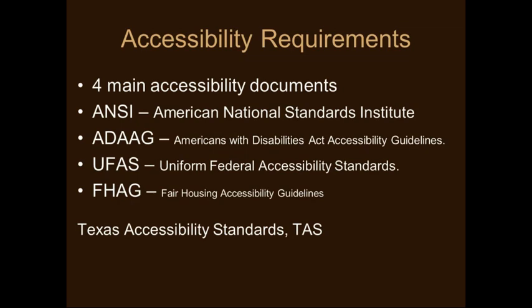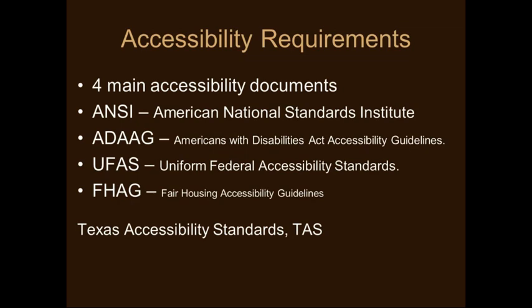We're going to spend a little time on accessibility, but I want you to have just a quick overview, since it's in this chapter, of the 4 main accessibility documents. That's the ANSI, which is the American National Standards Institute. There's the ADAG, which is the Americans with Disabilities Act Accessibility Guidelines. There's the UFAS, Uniform Federal Accessibility Standards.